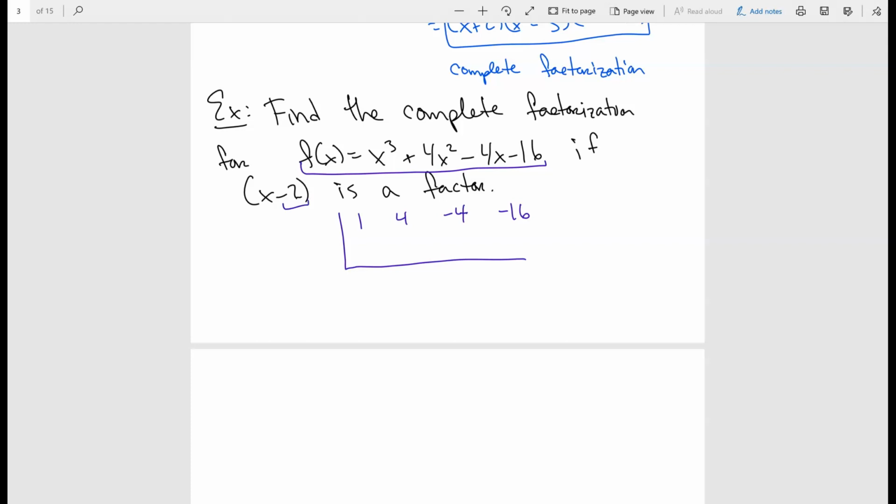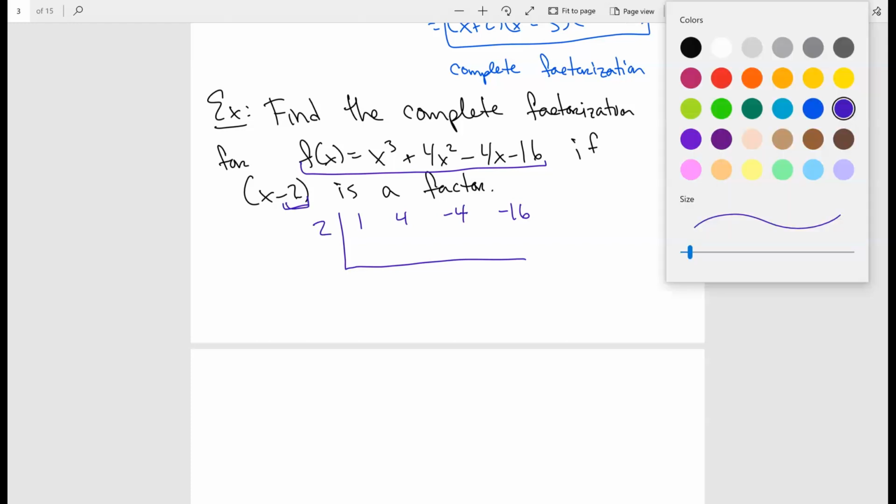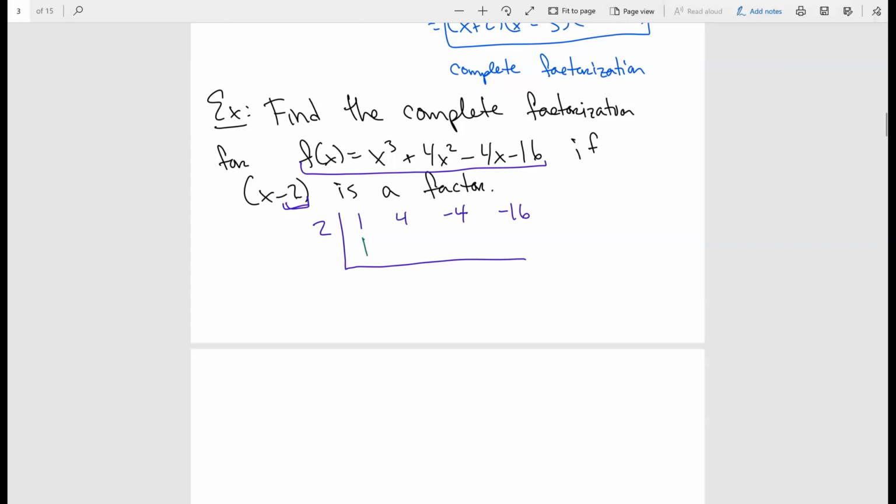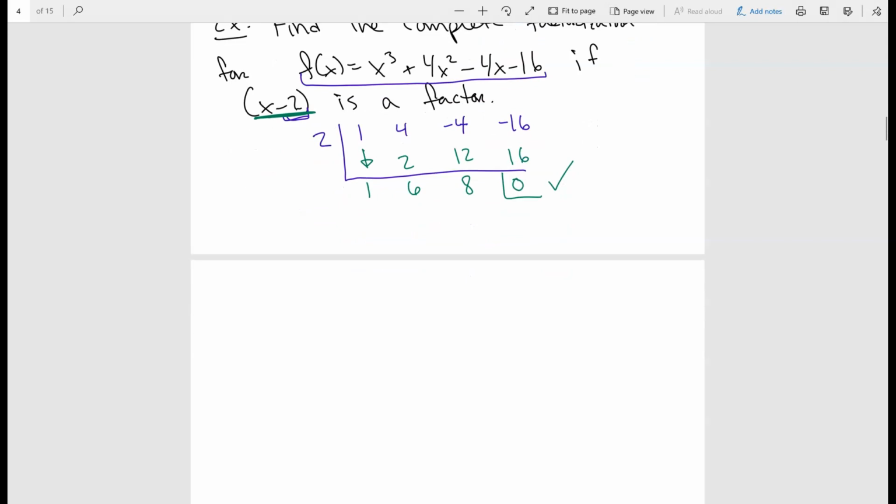And on the outside, we're going to change this -2 into a 2. So now we're going to bring this guy down. We're going to get a 1. That's going to give me a 2. This gives me 6, so this is going to give me a 12. This is going to give me an 8. It's going to give me positive 16, and you get a 0. So this gives you confirmation that this guy indeed is a factor. Okay? So now let's go ahead and just write it out.